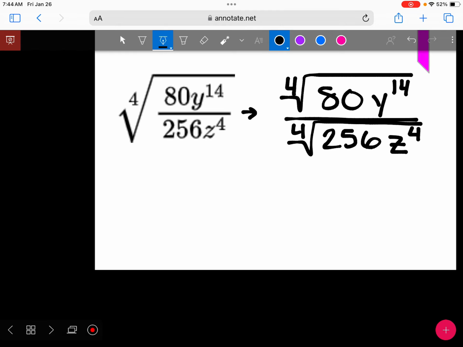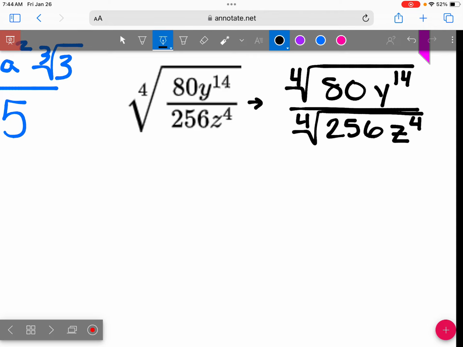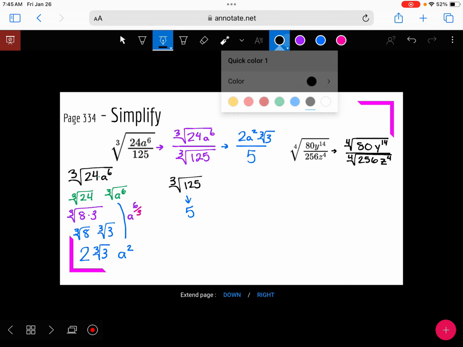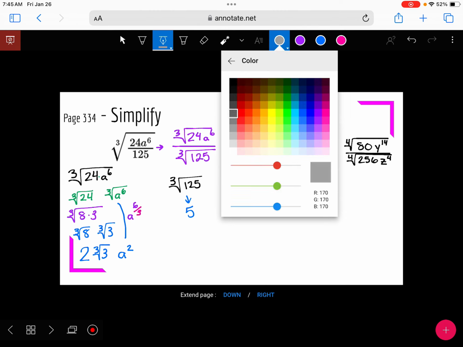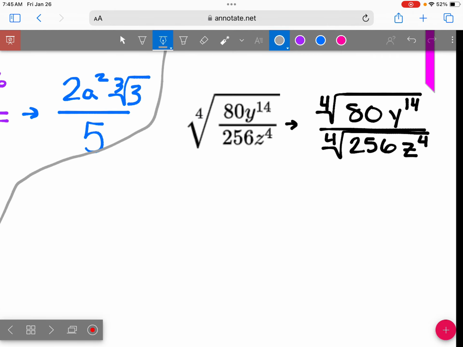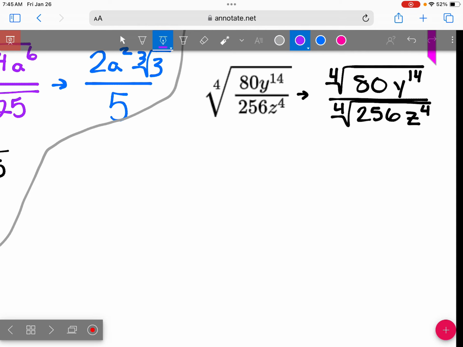I'm going to run out of space, but that's okay. So we're going to look at each piece individually, and I'm going to give myself a little barrier up here so that I can use any of the space that I need to. So I'm going to start with my numerator.